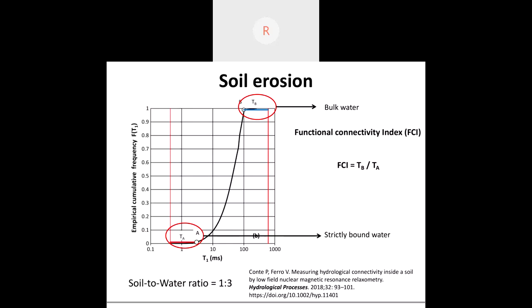That means that if we increase the amount of bulk water, we also have an increase of the functional connectivity. That means that water moves more freely inside the system.